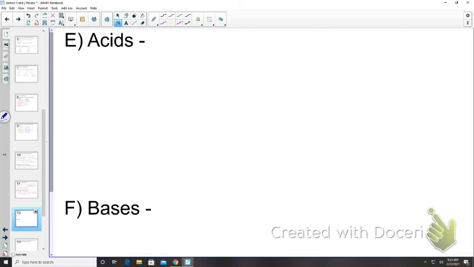If it is an acid, if you're given the name, like hydrochloric acid, or if you're just given the symbol, you just name it as you normally would.